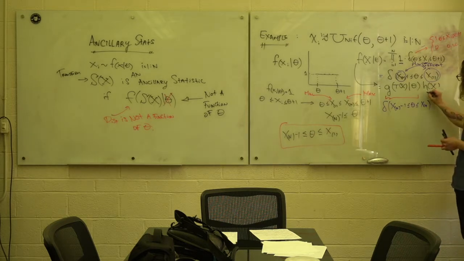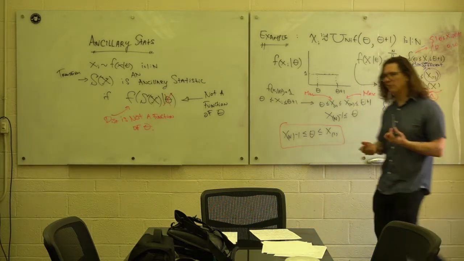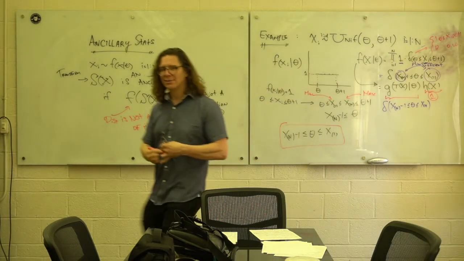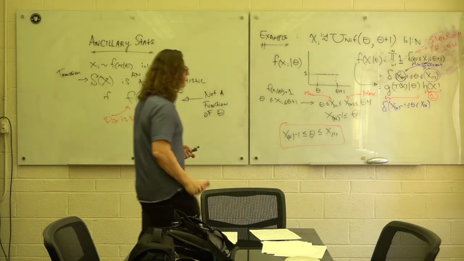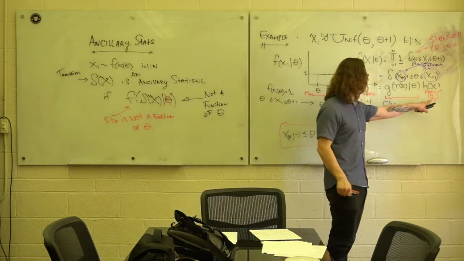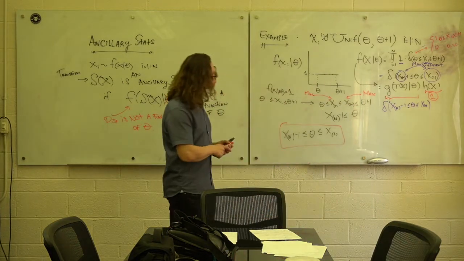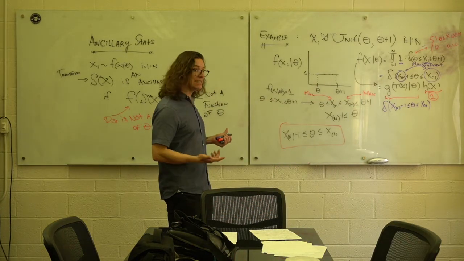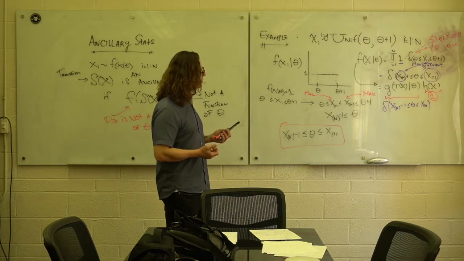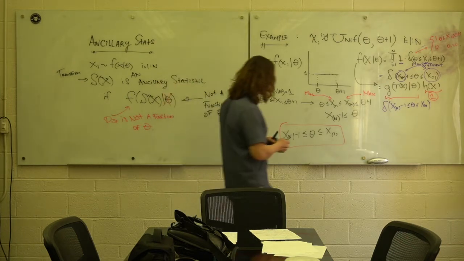And h is just 1. So h can be a 1 in all of that. So we don't actually see any data, it's not a function of the data, it's a constant, it's just 1. So that's what h of x would be. So that's pretty easy. So xn, x1 are min sufficient.